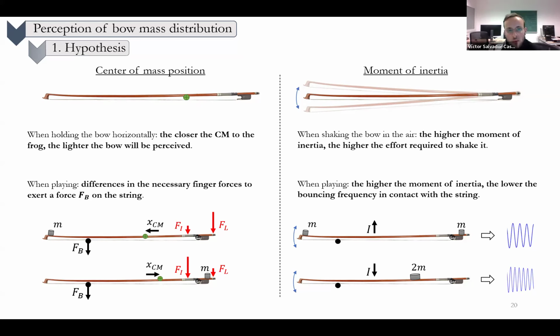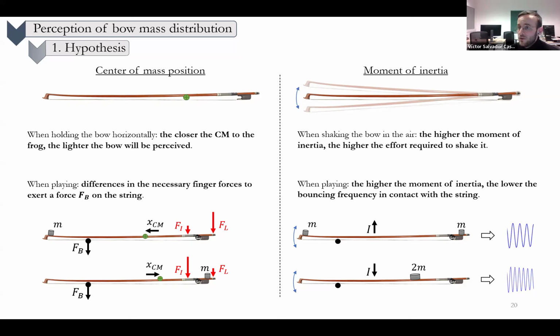And on the other side, the moment of inertia, we also base our hypothesis in 2 cases: when we are holding the bow, not playing with it, and we are shaking it in the air, so forcing rotations of the bow around this specific axis.